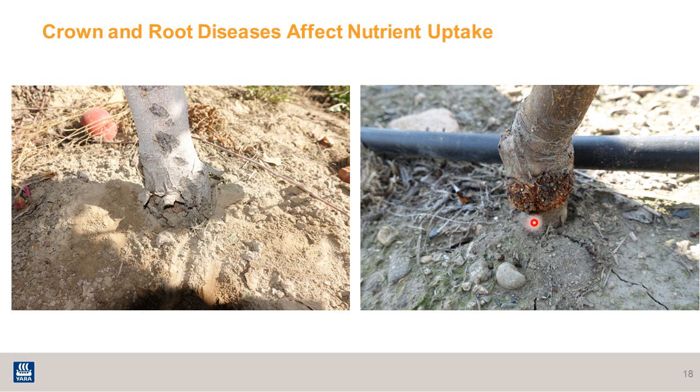The way that you manage crown gall is to make sure that you have clean nursery stock, and that when you're planting the trees, you're not causing any wounds. There are many other management practices that you can do to help with this, and perhaps the use of some chemicals as well. But be very mindful that when your tree is affected by some disease, the nutrient uptake can be affected. The calcium uptake will definitely be affected as well.